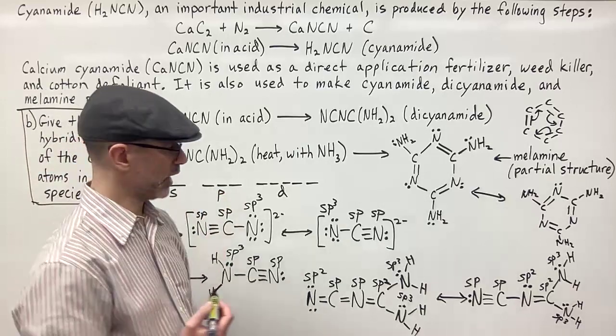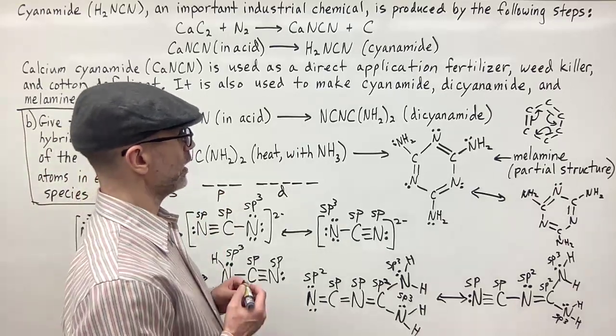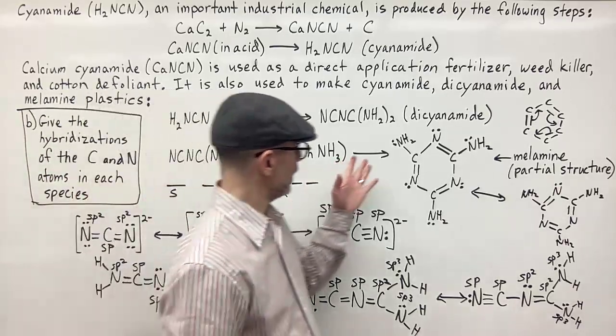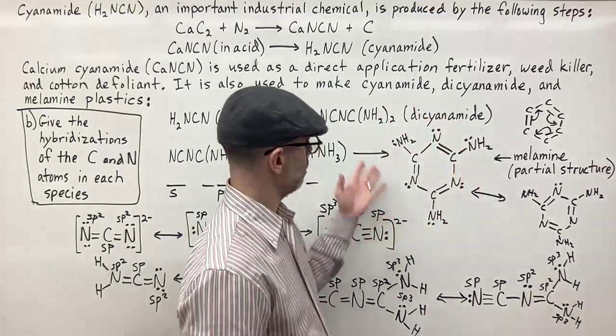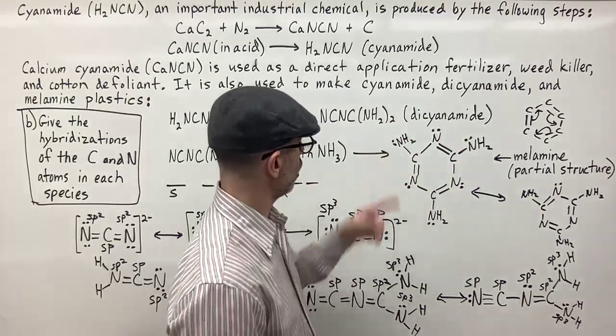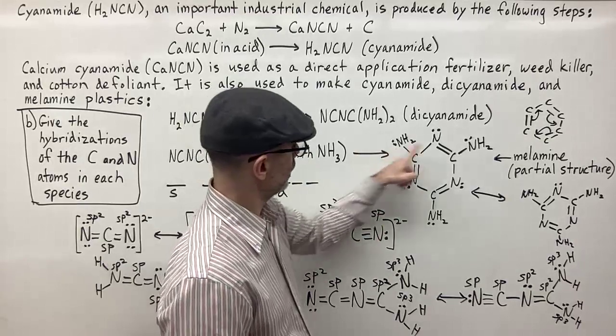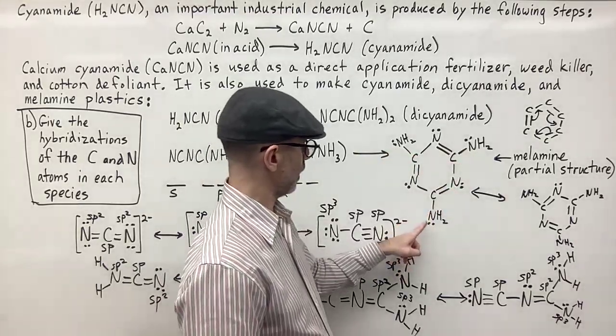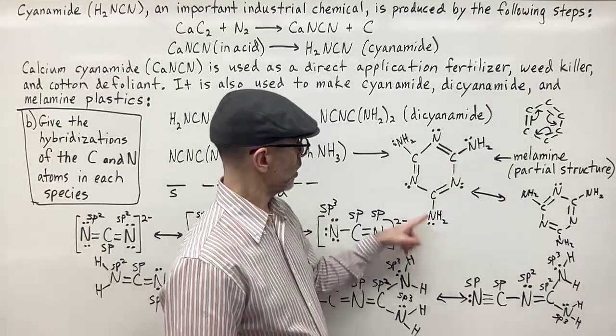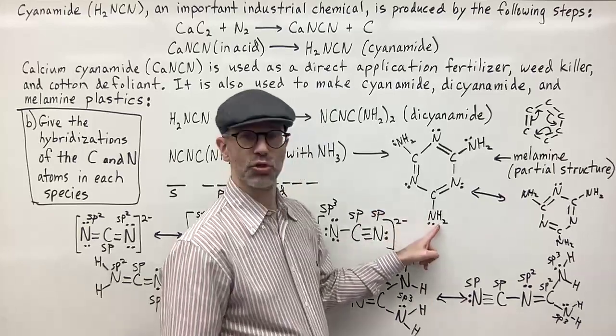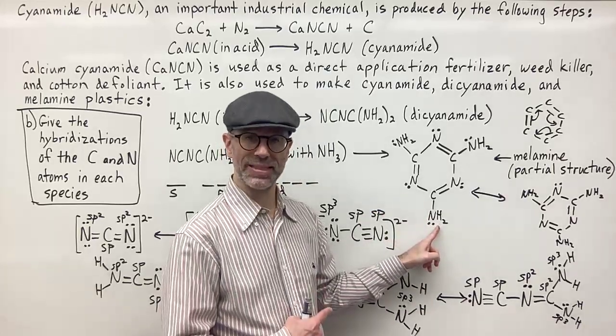Sp3 hybridized. Okay, finally, here we have our melamine. So these 3 nitrogens are exactly the same. 1 lone pair, 1 single bond, and then the 2 hydrogens are bonded as well by single bonds.